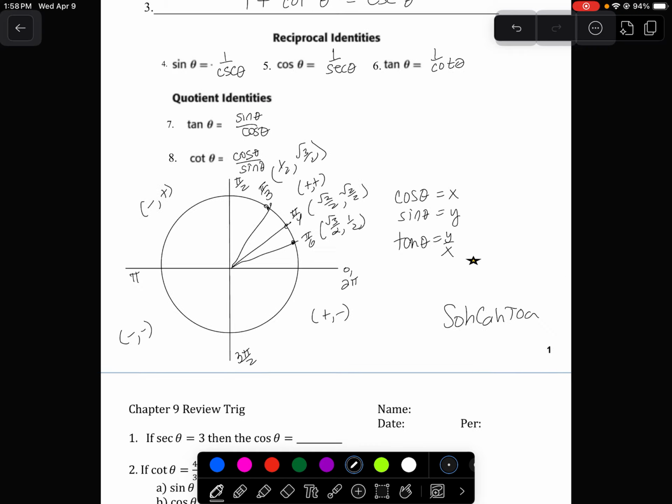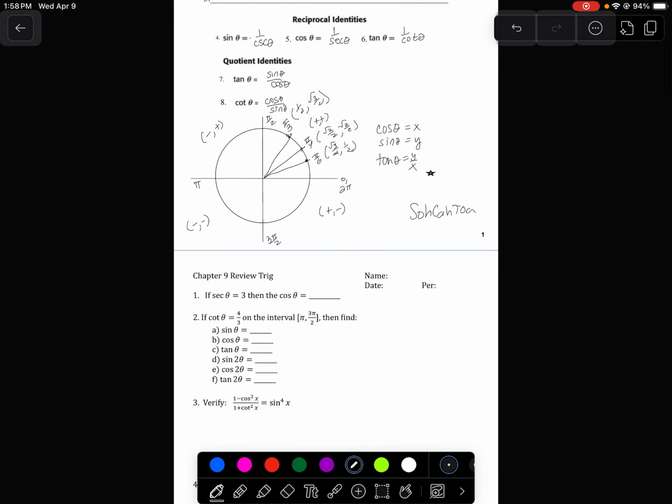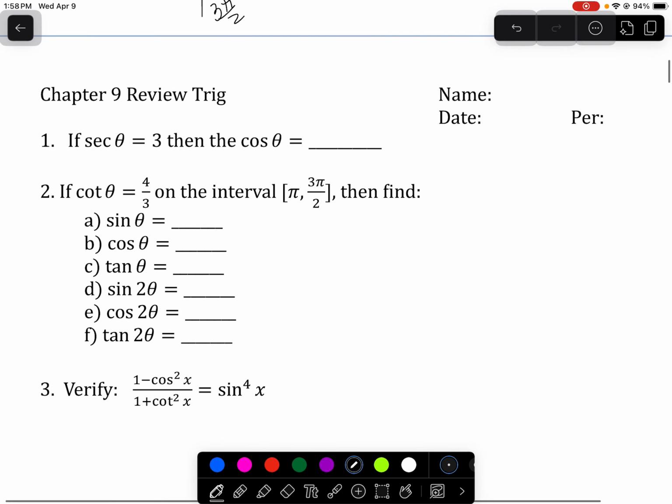Okay. So this page was the first page on the original review. So now if you go into Google Classroom, find the material that says revised Chapter 9 review. It looks like this. If you could please open that now.